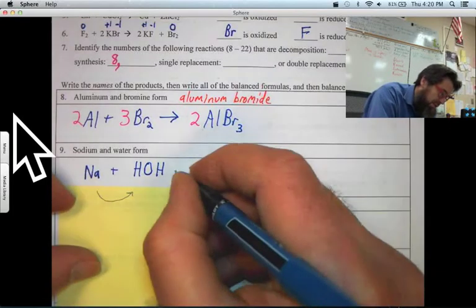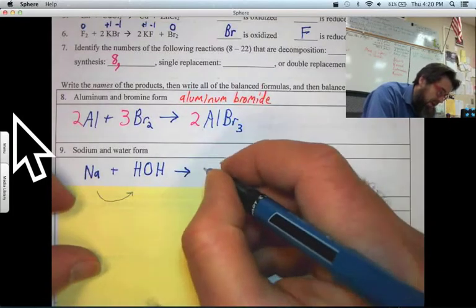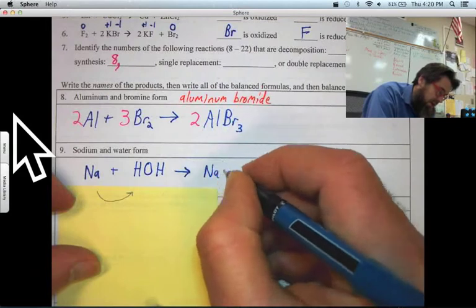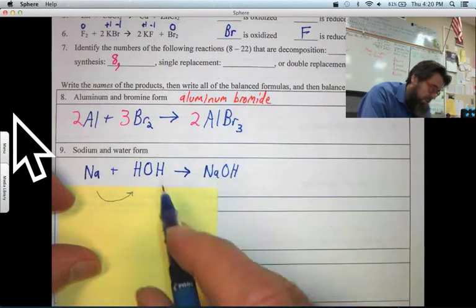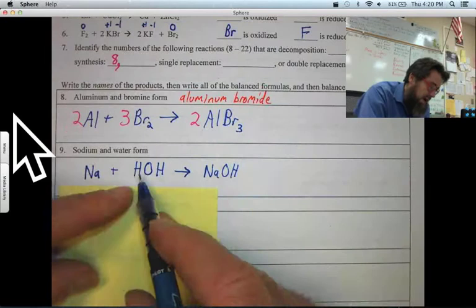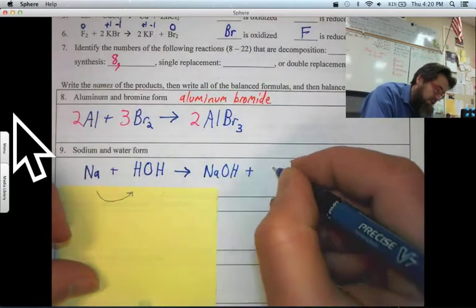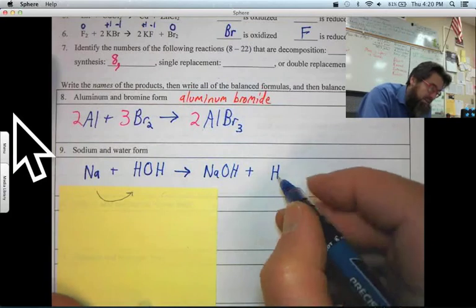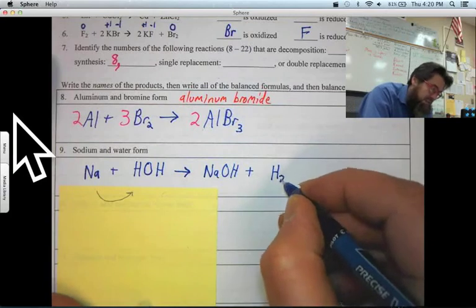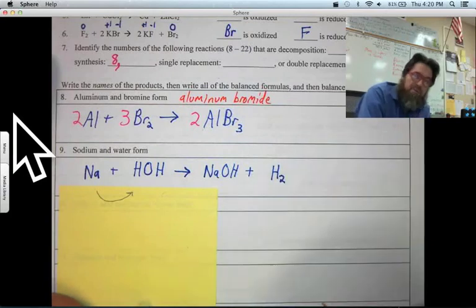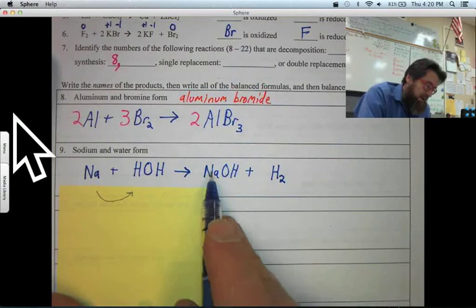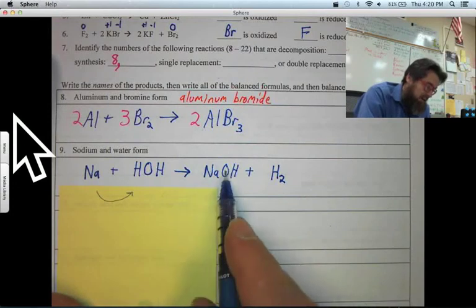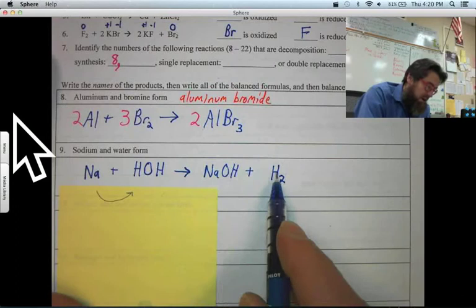So now we have NaOH, and it's replaced the hydrogen. So we have hydrogen as a product. It's how it got the valence electron. And hydrogen is a Brinkelhoff element, H2. So +1, -1, sodium hydroxide, H2, hydrogen.